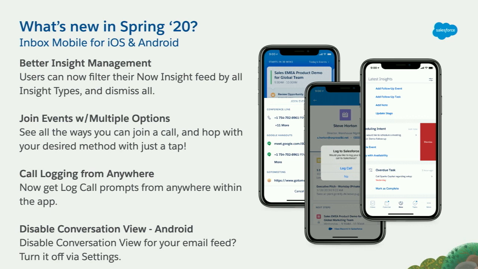So with that Inbox license, you get my personal favorite app, the Inbox mobile app. It's available for iOS and Android. And Spring 20 is bringing some really great new features. We heard you loud and clear. We launched a brand new experience called the Now experience last summer.